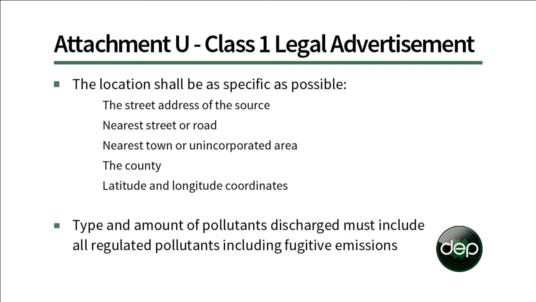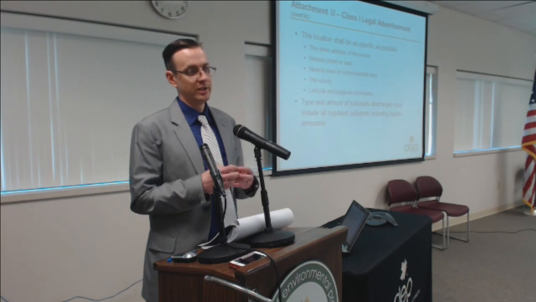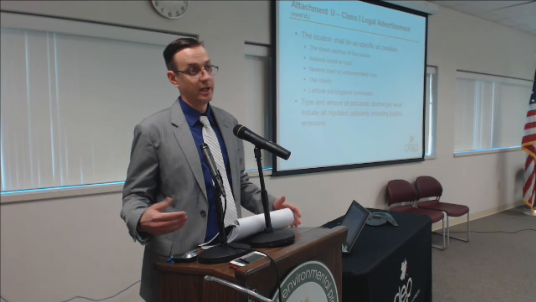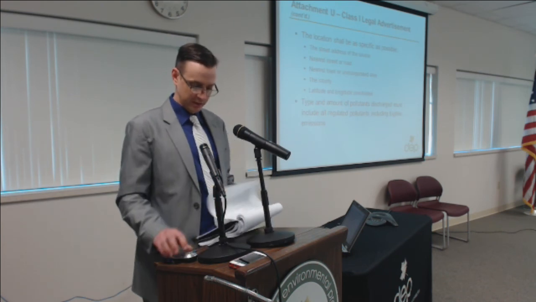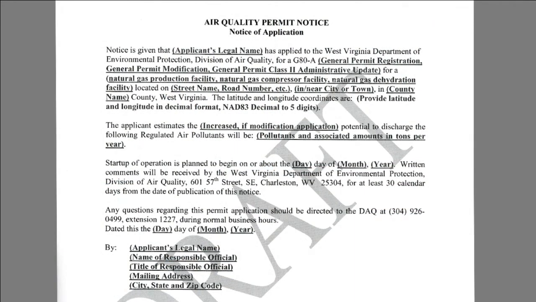Another common one: you also need to include the type and amount of the pollutants that will be discharged, and don't forget fugitives. If you're applying for a construction, if this is a new source, you need to say, here are the potential emissions from our source, and you need to indicate that in your legal ad, right where it says the applicant estimates, potential to discharge the following regular pollutants.